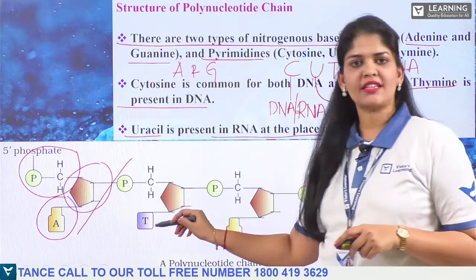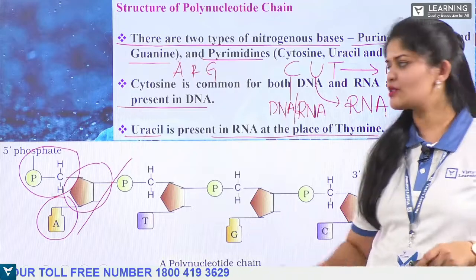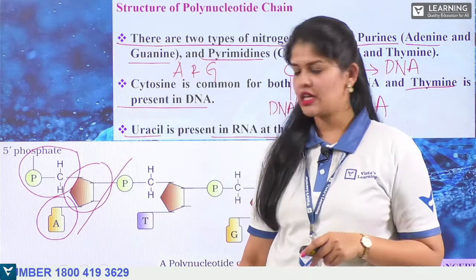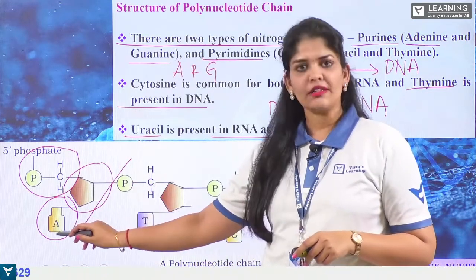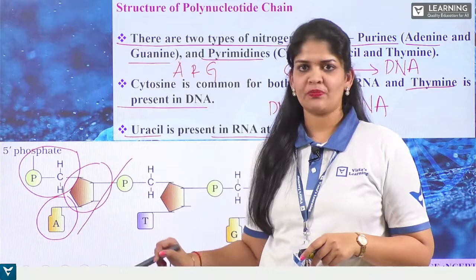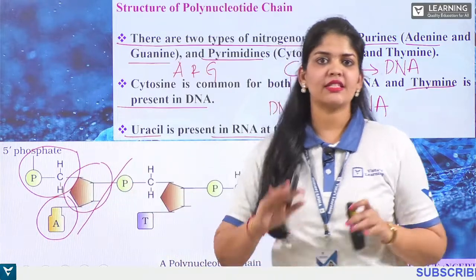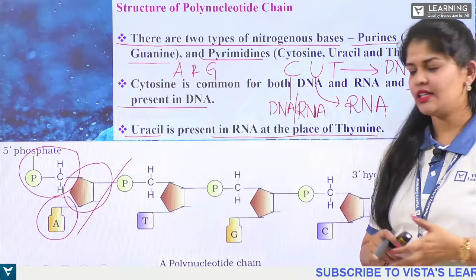As we find the thymine, this can be considered as DNA. So this is deoxyribose. So the sugar, nitrogenous base, phosphate. These three components constitute a nucleotide.